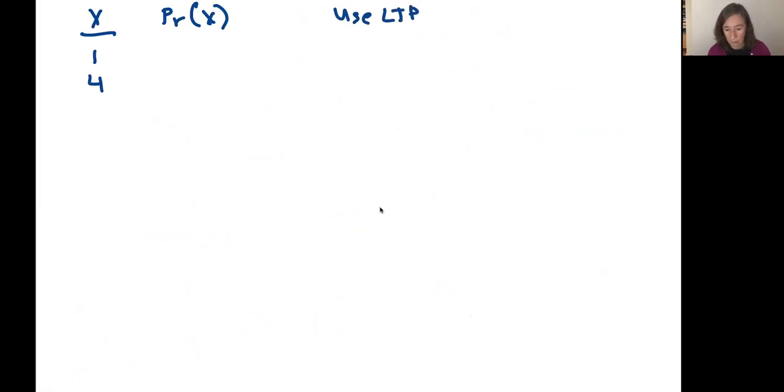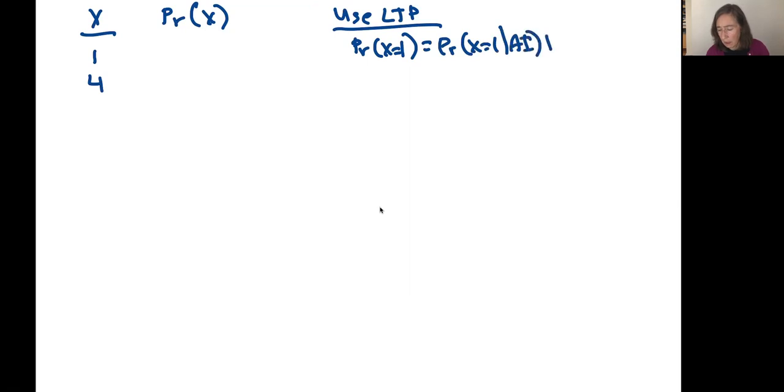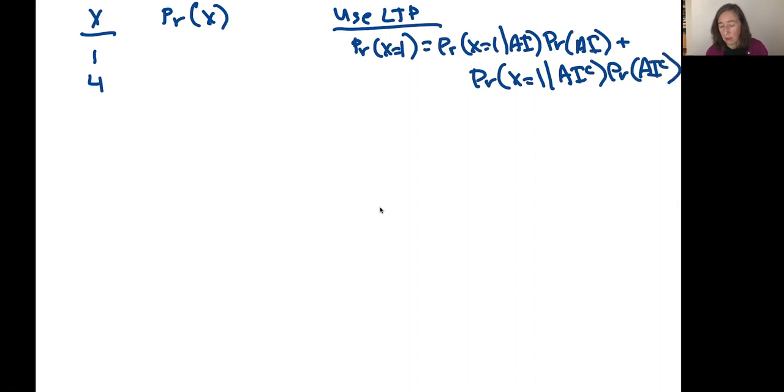So thinking about what I want to put right here, the probability that x equals 1, let's just think over on this side of the board, the probability that x equals 1 is equal to the probability that x equals 1 in a world of anti-incumbent sentiment times the probability that we are in that world, plus the probability that x equals 1 conditional on being in the world where there's no anti-incumbent sentiment times the probability that we're in the world of no anti-incumbent sentiment. Okay, and so that is indeed the law of total probability.